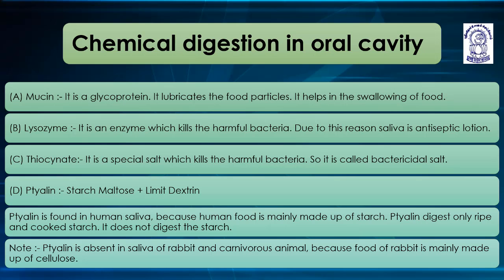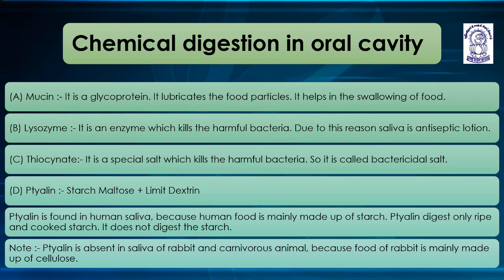The food enters the pharynx, then the esophageal part. The nerve centers which control the deglutition process are located in the medulla of the brain.